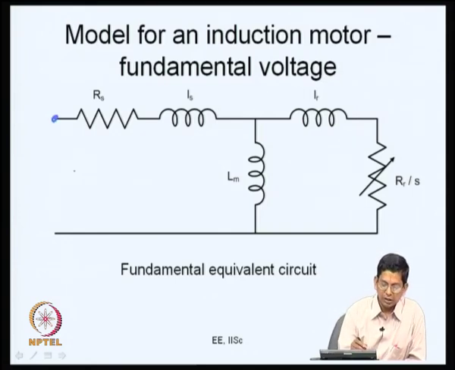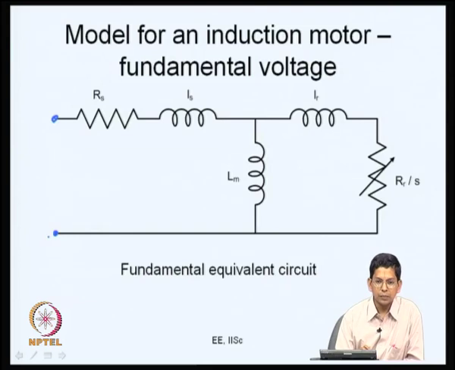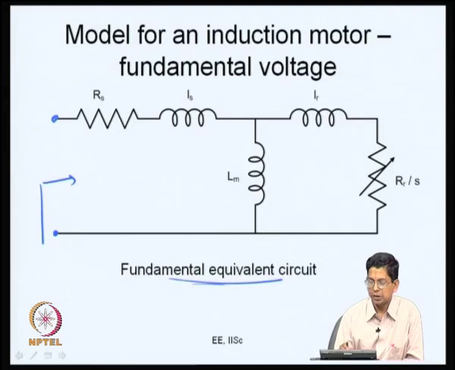Let us say we consider only the fundamental component. It is a sinusoidal quantity, so it sees the induction motor as its fundamental equivalent circuit, which has the standard elements.